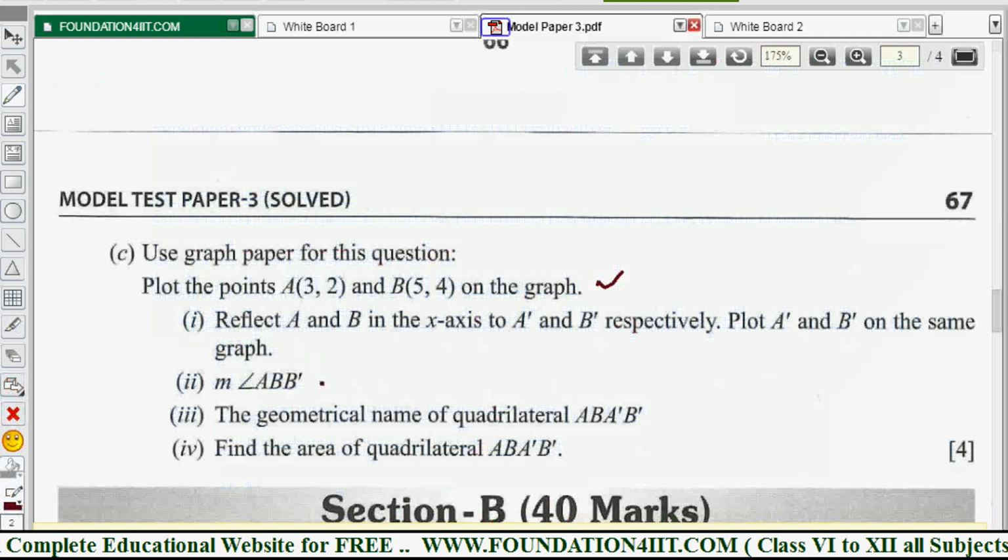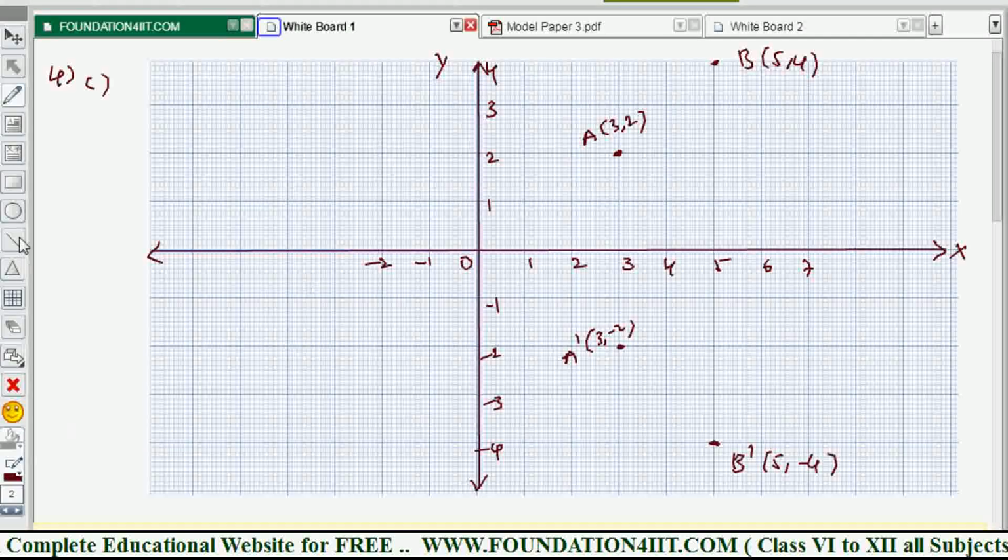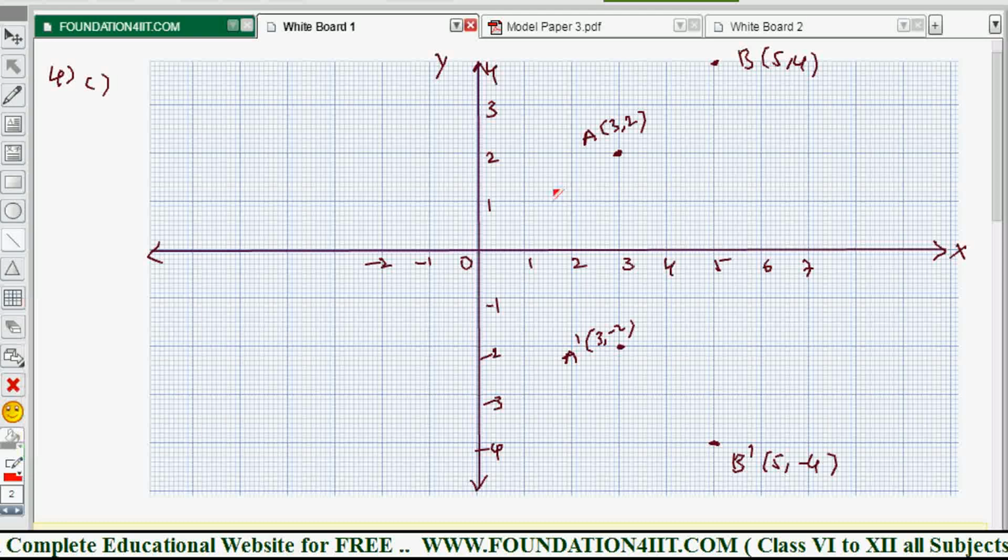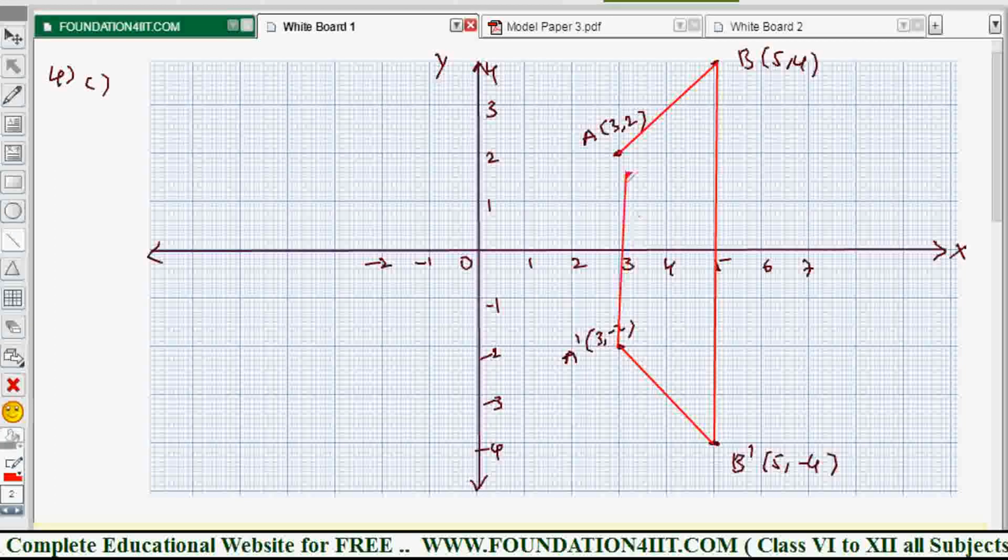And next, angle ABB dash. Now let us join this diagram. If you join, we need to find the angle. So A to B, B to B dash, and B dash to A dash, and again A dash to A to join.